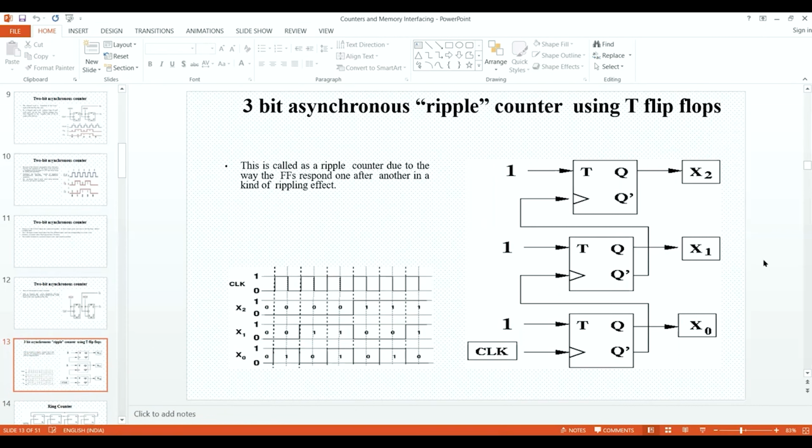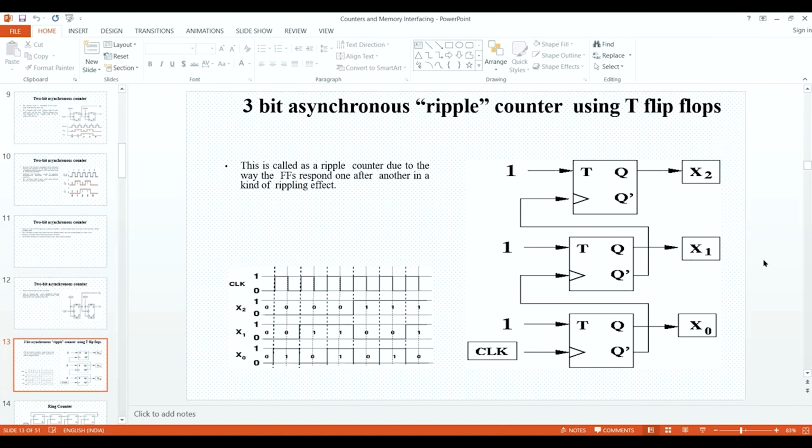And the first flip-flop operates, but how will it operate? The output of the first flip-flop would operate as the clock of the second flip-flop and so on. As you can see in the timing diagram, at X naught, where the flip-flop is connected, over there we are providing a clock pulse, right?